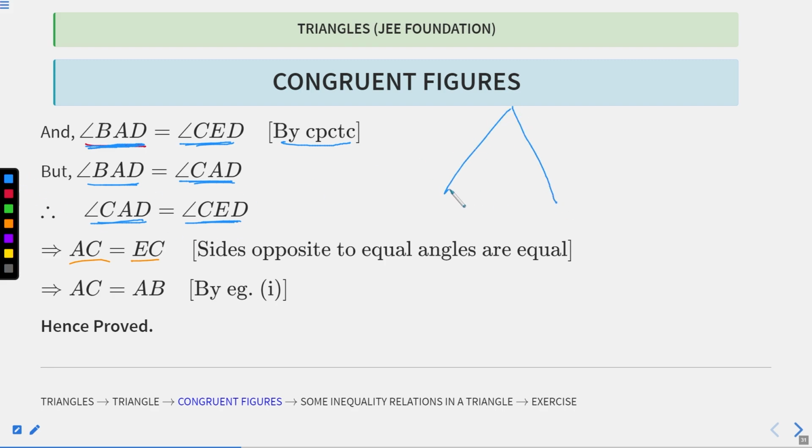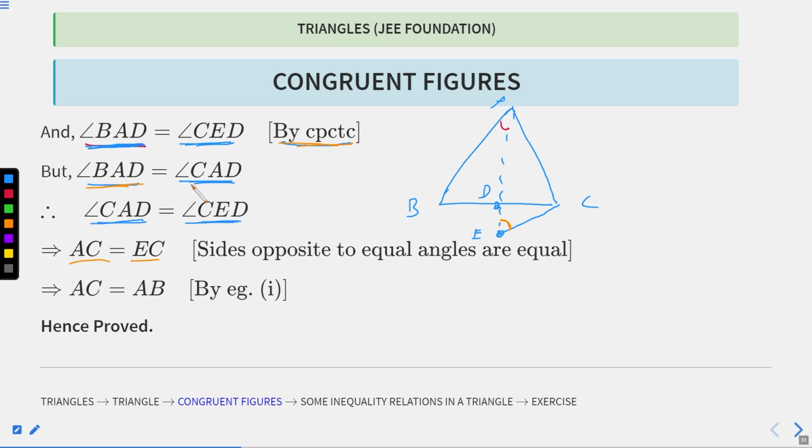Let me draw the diagram for you again. This was my diagram, A, B, C, and this point was D, and this point was our E. Here we are talking about BAD, which is this, and CED is this angle. Both are equal because corresponding parts of congruent triangles are equal.